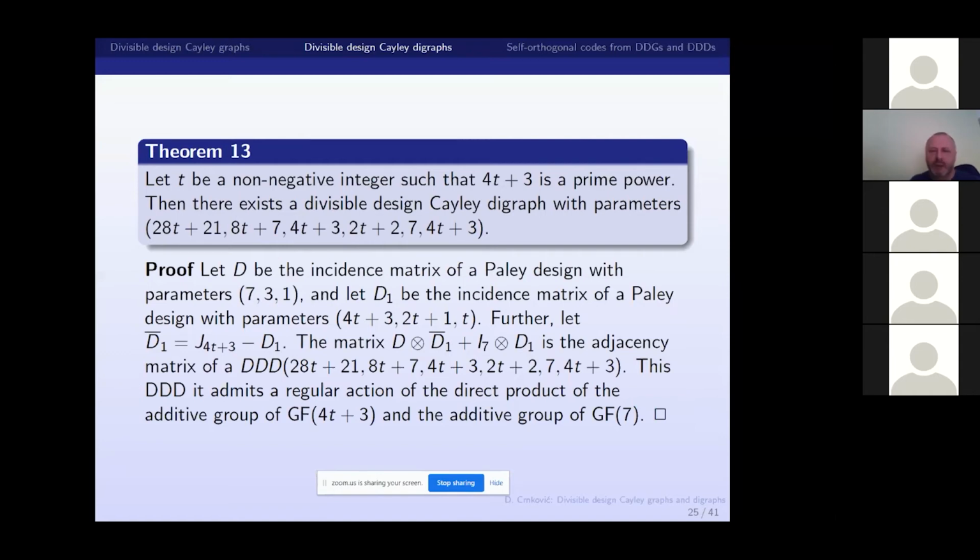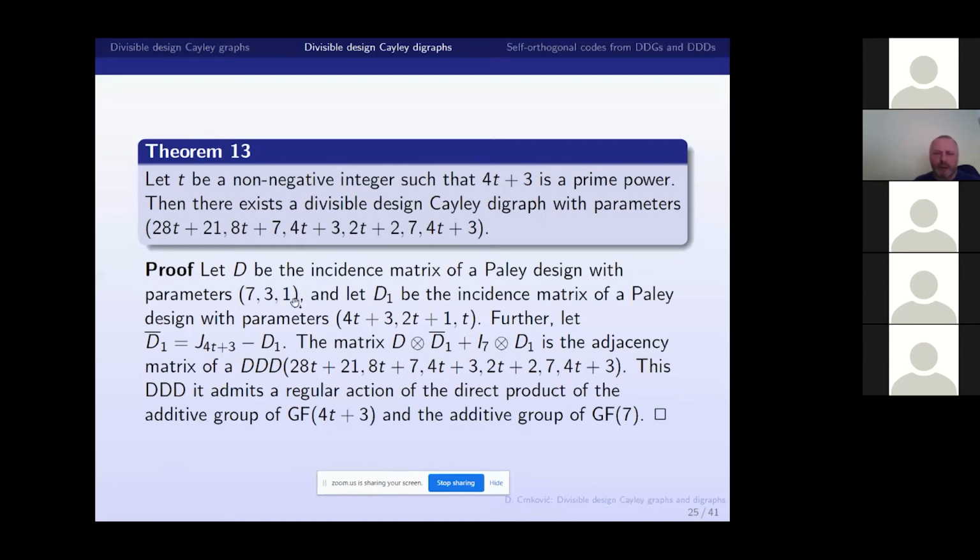This is based on the incidence matrix: D is the incidence matrix of a Cayley design with parameters (7,3,1). As I said, this is the smallest non-trivial symmetric design, also known as the smallest projective plane, the Fano plane. And let D1 be the incidence matrix of a Cayley design with parameters 4t+3, 2t+1, and t.